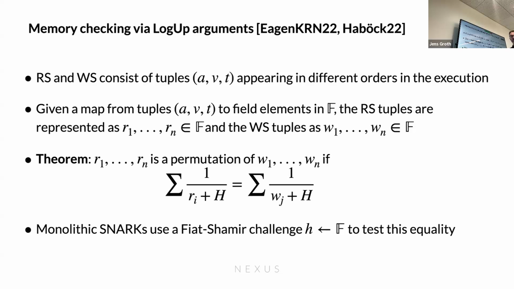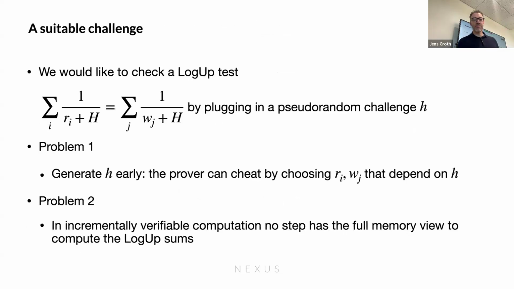Okay, so what's the problem? The problem is that when we do incremental verifiable computation, this is not so easy to do. There are a couple of reasons that it's difficult. The first problem is that since we're doing incremental verifiable computation, we do one chunk first, then the next chunk, then the next chunk, and so forth.